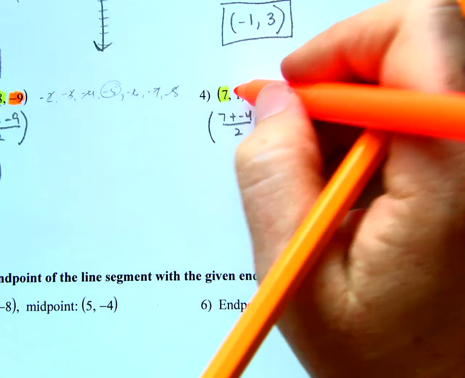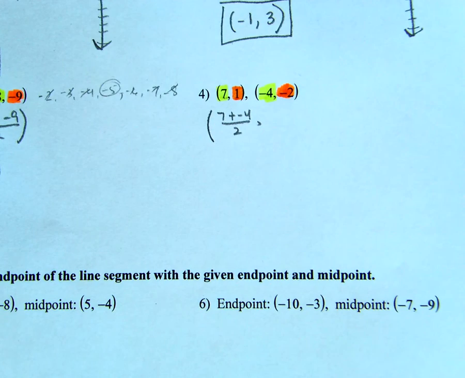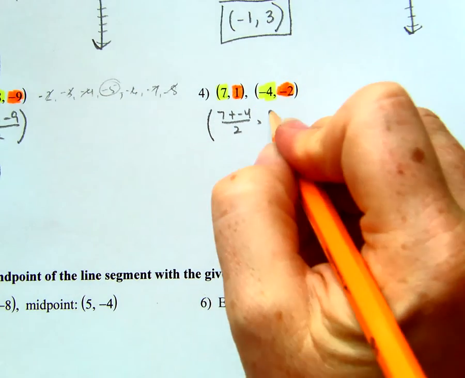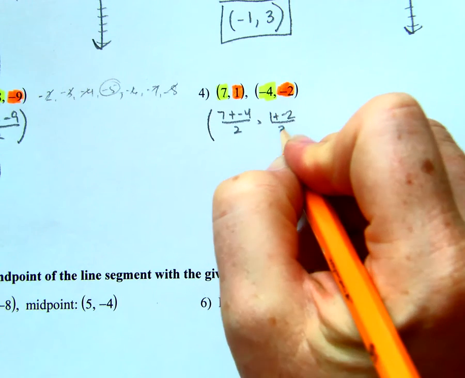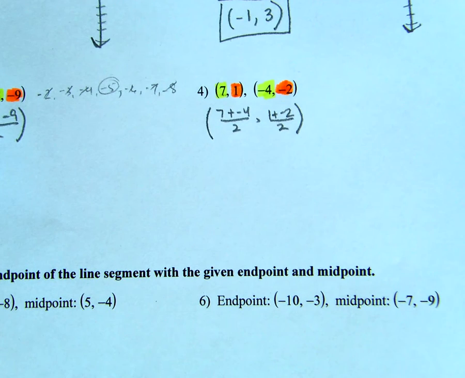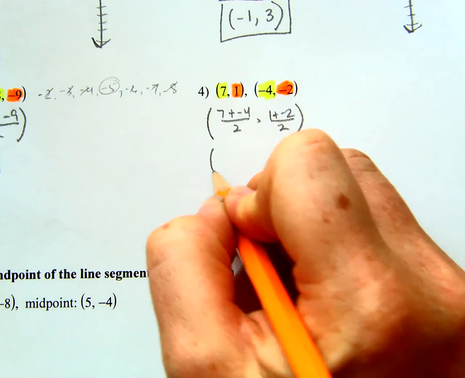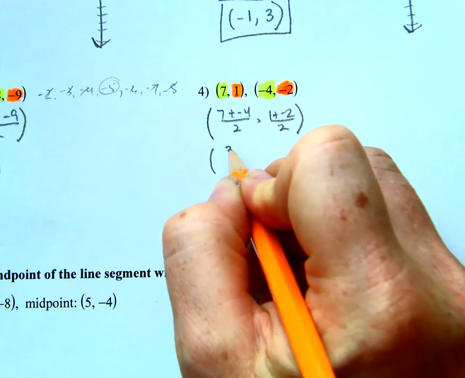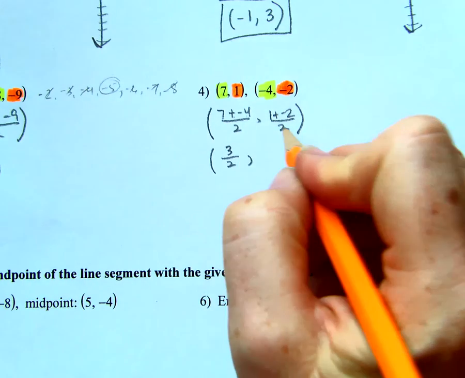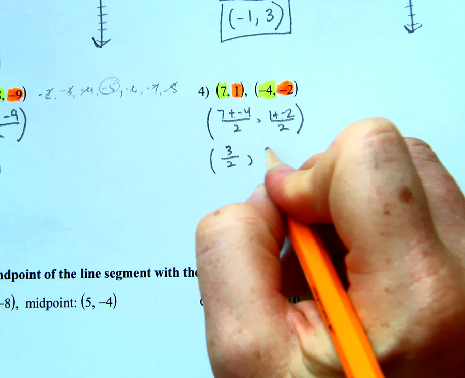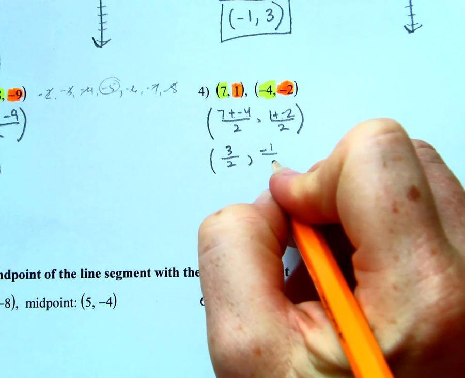How about 1 and negative 2? And then 1 plus negative 2 divided by 2. Add before you divide. 7 plus negative 4 is 3. 1 plus negative 2 is negative 1.